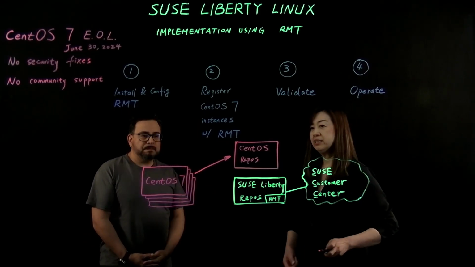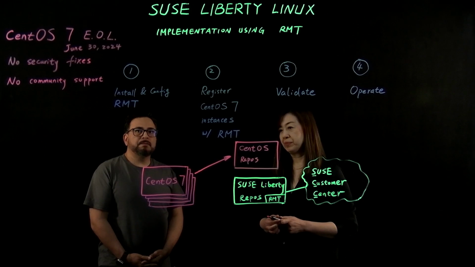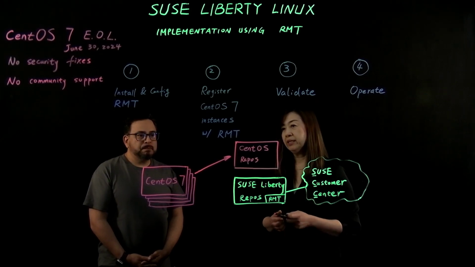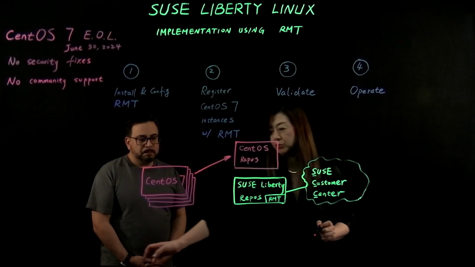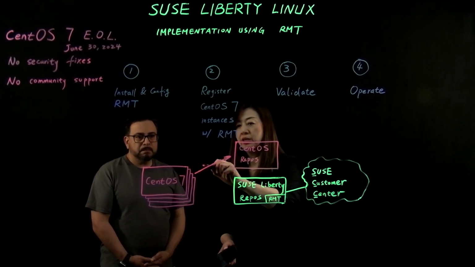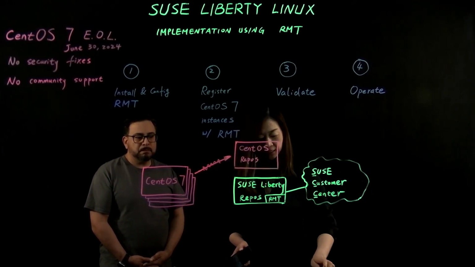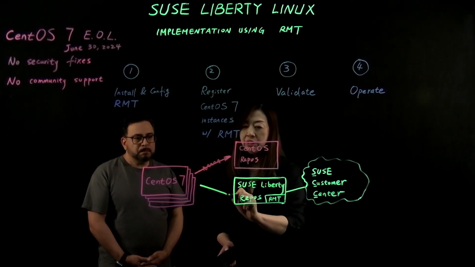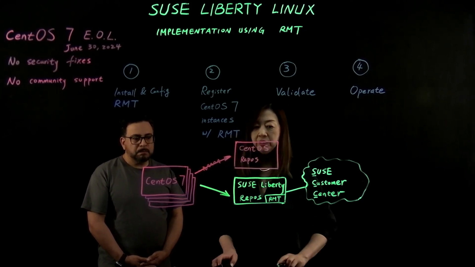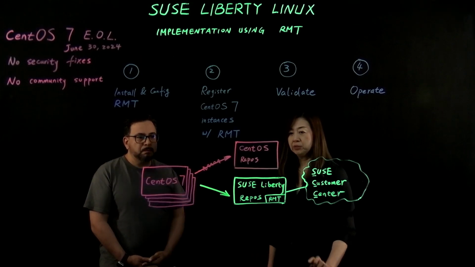As discussed in the previous video, SUSE Liberty Linux is an in-place conversion. It means that during the registration process, it's going to disconnect the existing connection to the CentOS repos and establish a new connection to the Liberty repos.